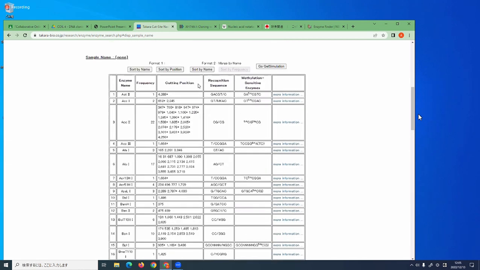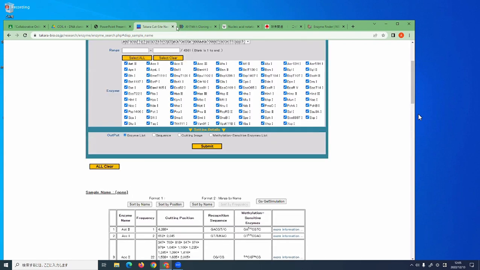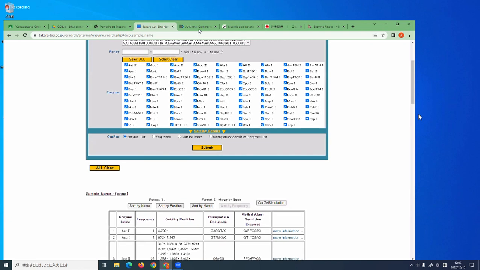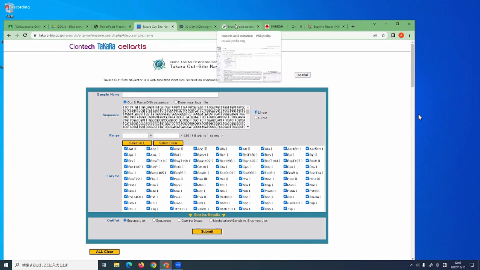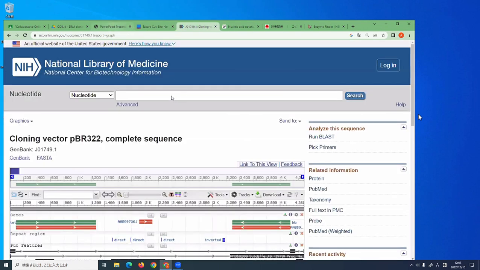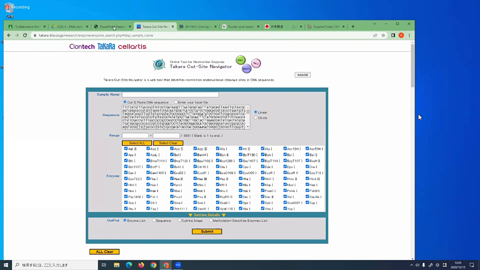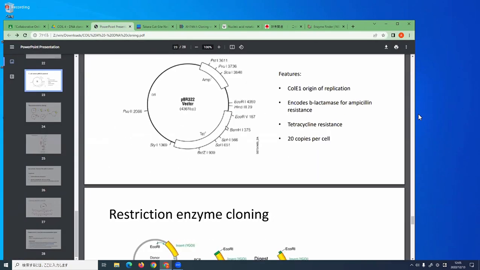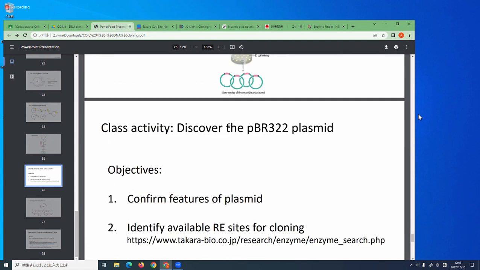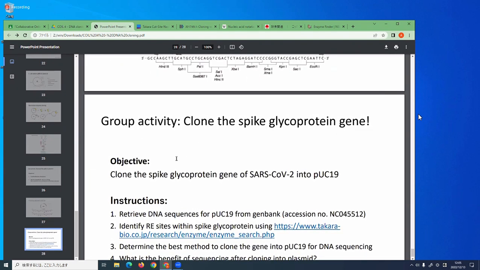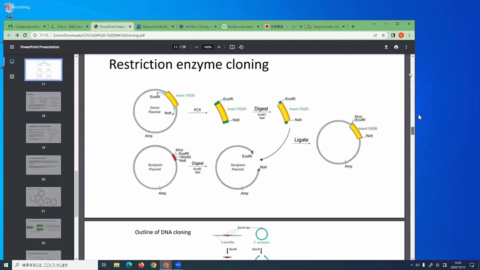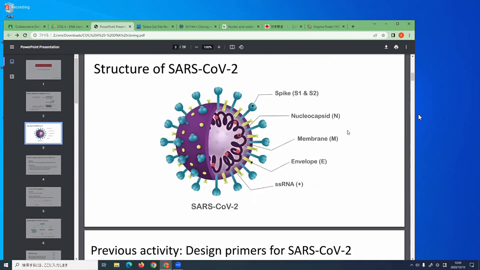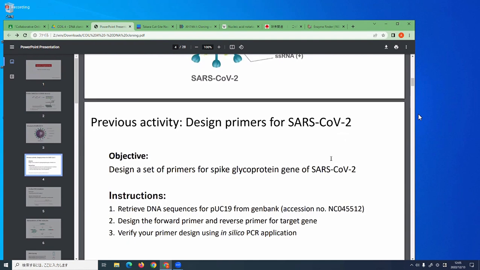Next is to check which site is available on the plasmid side. We also have to check what is available on the opposite, the insert side, right? Because let's say, for our assignment, we are using the spike protein gene, which we can get the accession number from the previous assignment, NC45512.